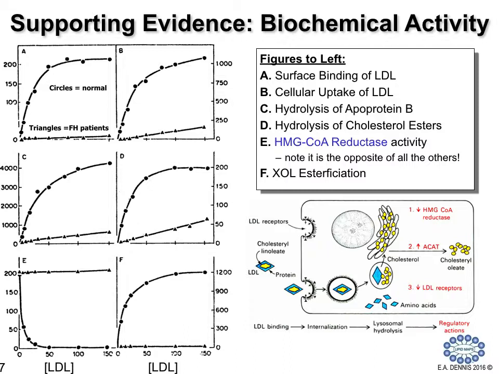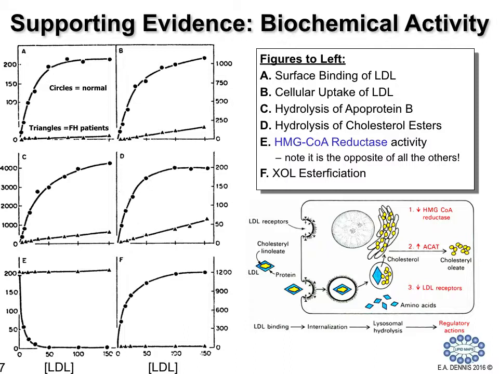In FH patients, there was no binding. In experiment B, using the same radiolabeled LDL, they looked at how much radioactivity was actually taken up into the cells. And again, there was a normal binding and uptake for normals and a reduced uptake for FH patients.